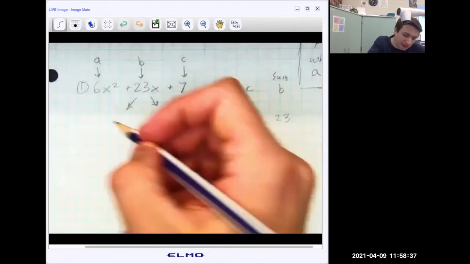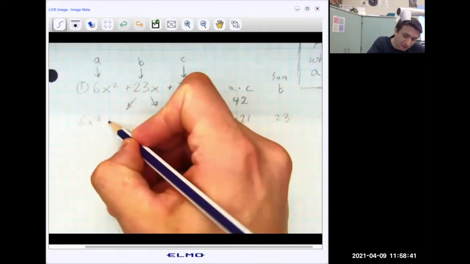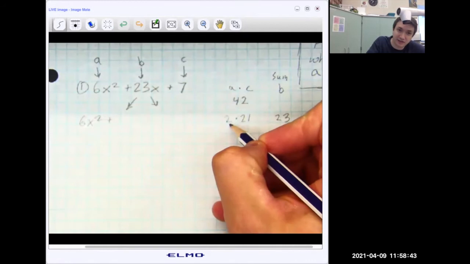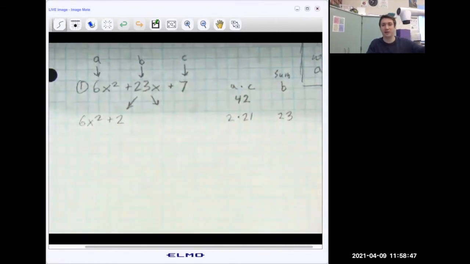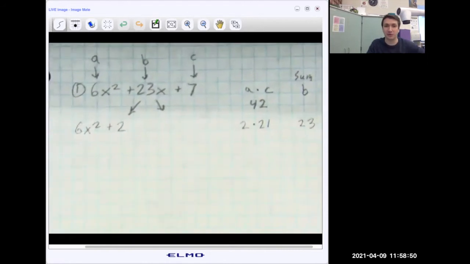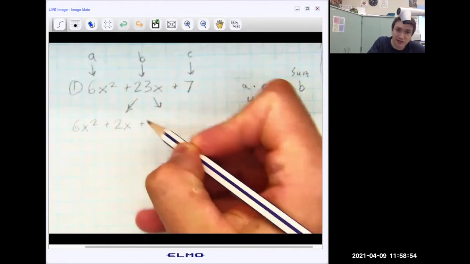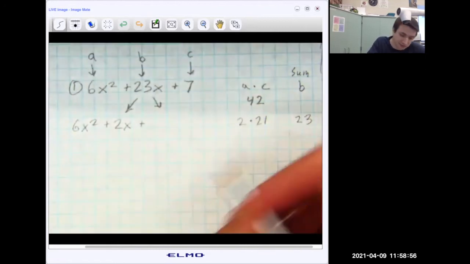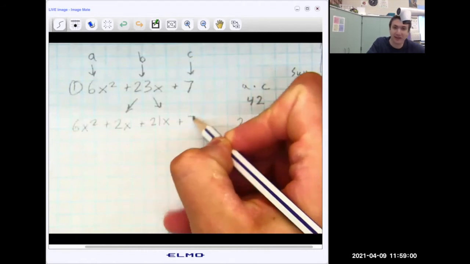I'm going to keep my 6x squared. And now I'm going to use the first factor here, the 2. So I'm going to add 2x, because I'm breaking apart the 23x. Then I'm going to write this next one, which is positive, so it's plus 21x. And then I'm going to put my 7 on the end here.